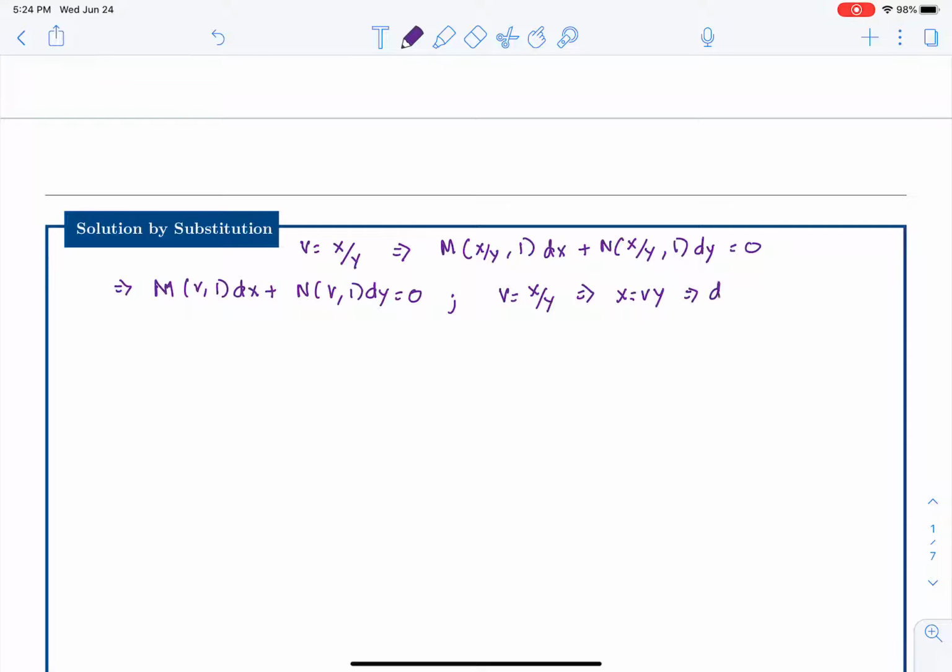So dx would equal v times dy plus y times dv.